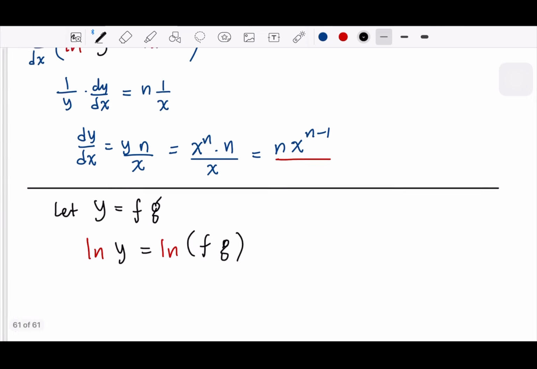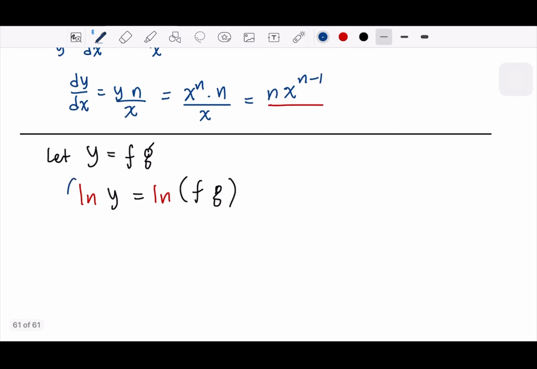Let's look at the product rule now. So we take this with the implicit derivative. We take 1 over y, dy over dx, and let me write the ln f plus ln g. Remember that f and g are functions, which means we take the derivative with respect to x.